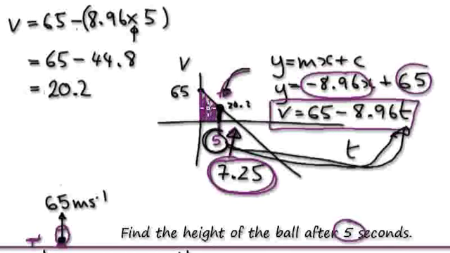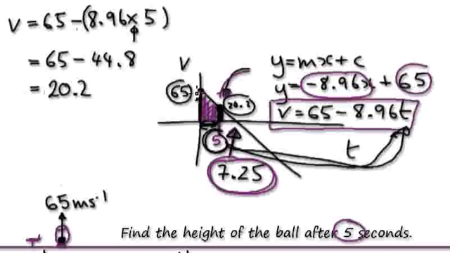Now, to find the area of that trapezium, we get the height here, which is 65, plus the height here, which is 20.2, divide by 2 to get the average height of the two, and then times it by this distance here, which is 5.